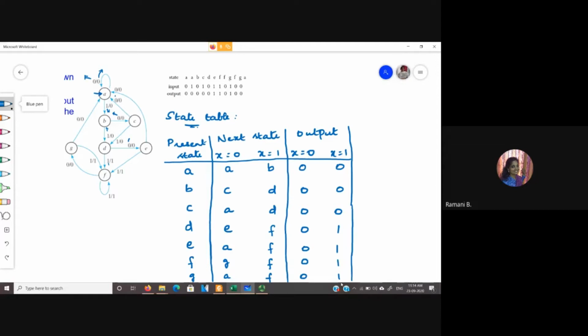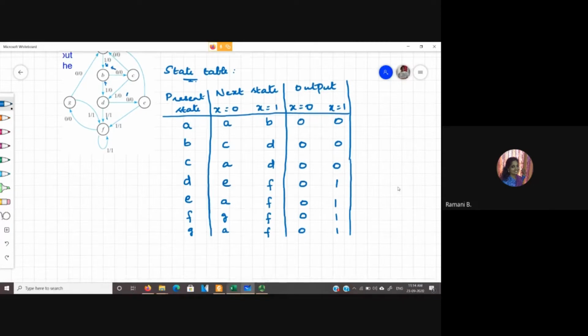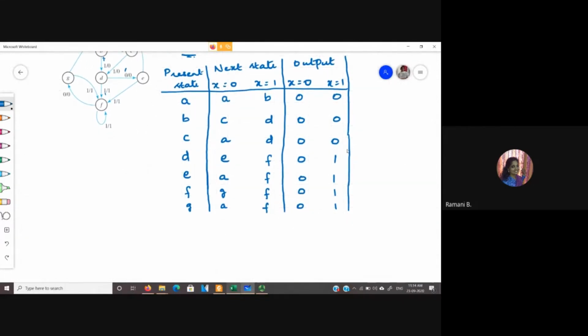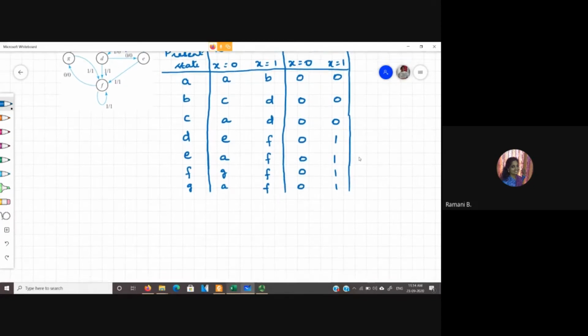So we have written the state table for all these cases. Now we are going to see whether we have the possibility of reducing the number of states in it.